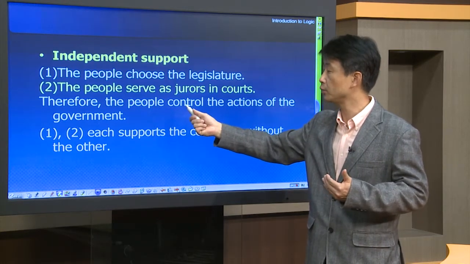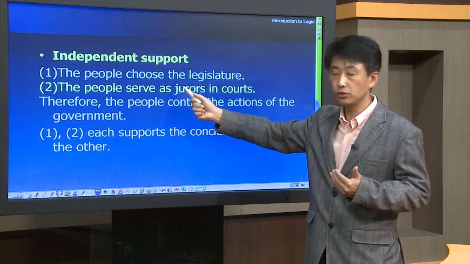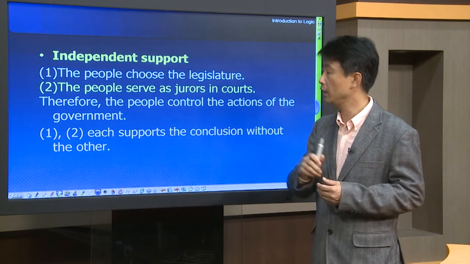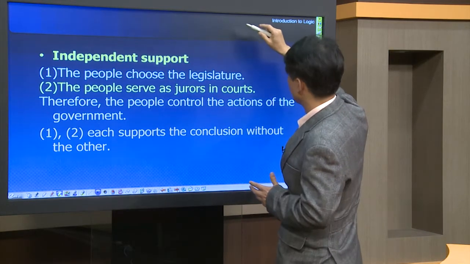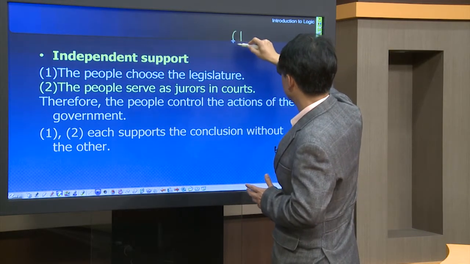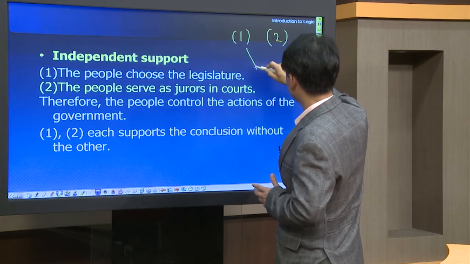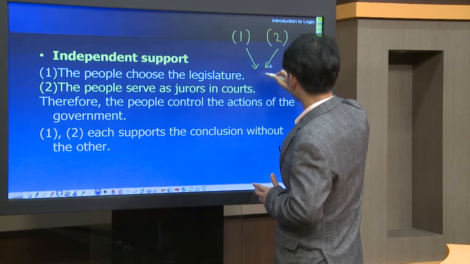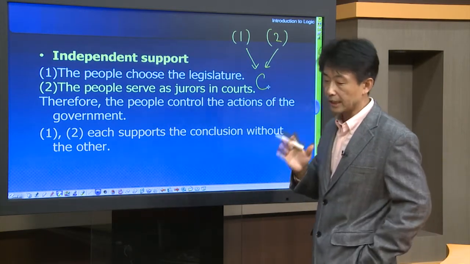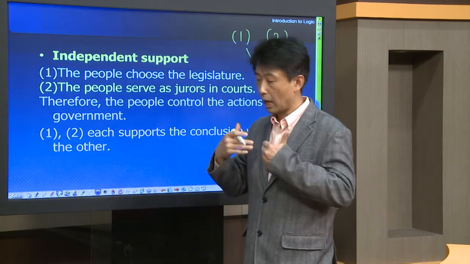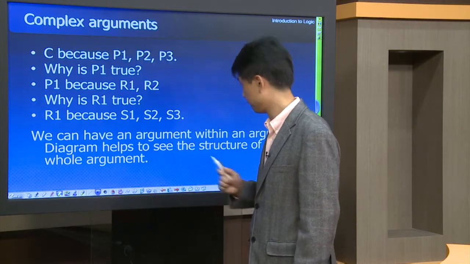So in this case, we say 1 and 2 independently support the conclusion and indicate this fact by drawing in this way. 1, 2, each of them supports the conclusion. Okay? So remember these two different types of how premises support the conclusion.